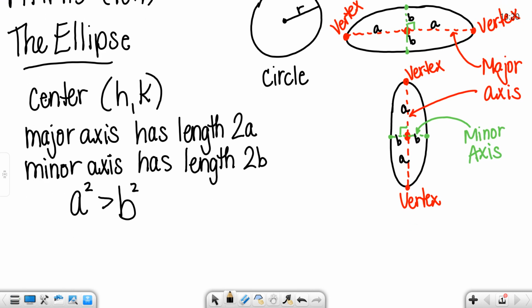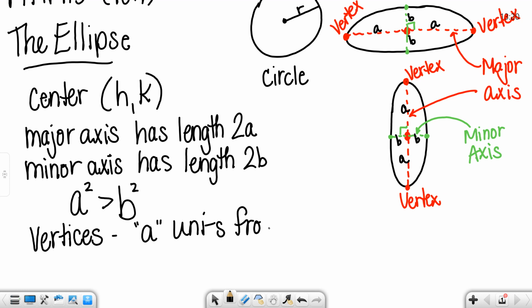So I told you what a vertex was. Let me write it down. Vertices, that's plural. They are A units from the center and they are on the major axis.